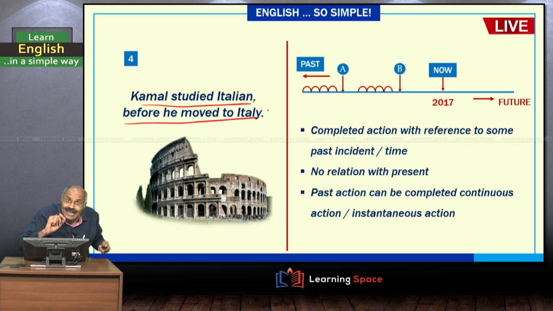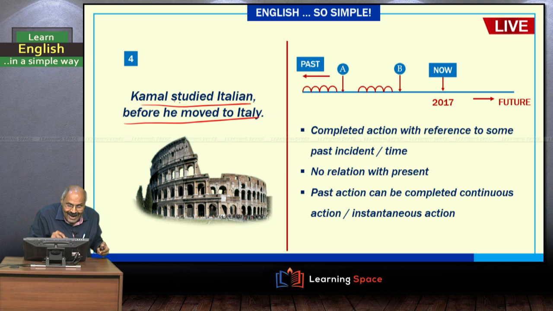So, two past actions, please understand carefully: when two past actions are interlinked, one happened first, then the second event happened. The first event will take past perfect, the second event will take simple past.